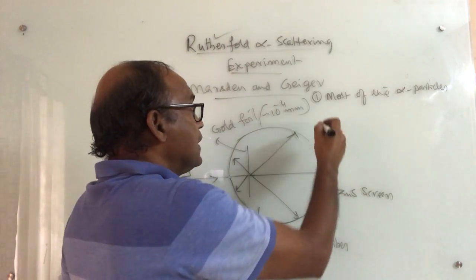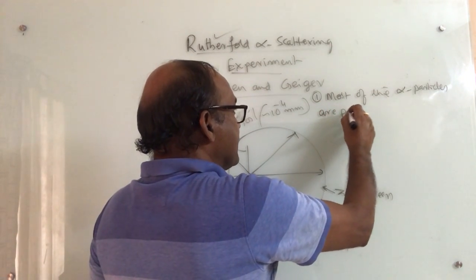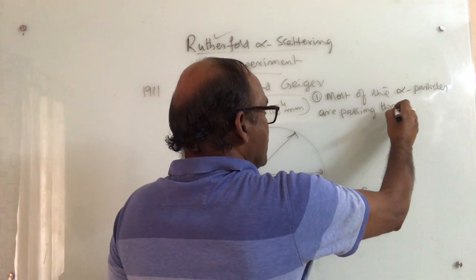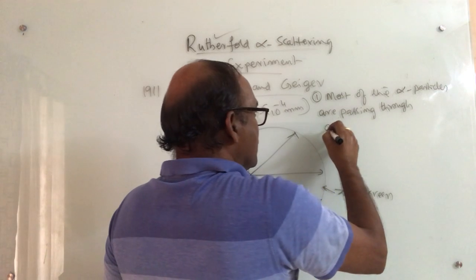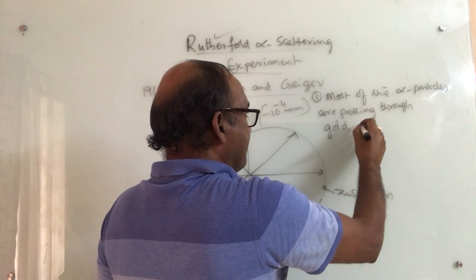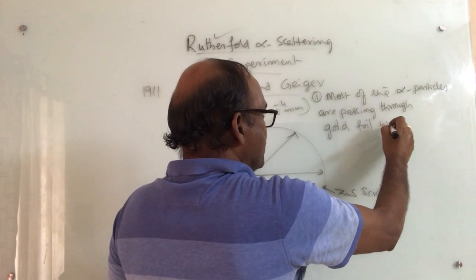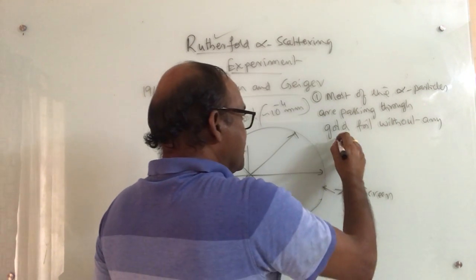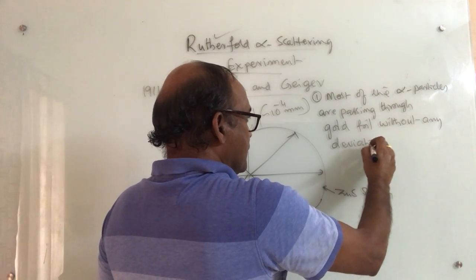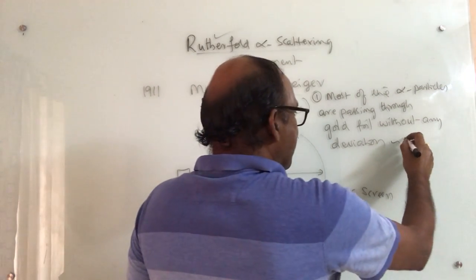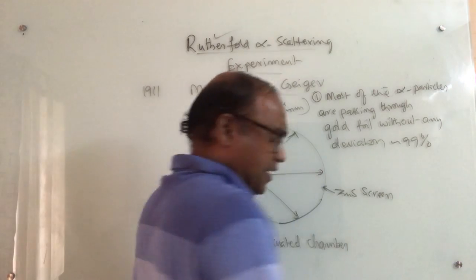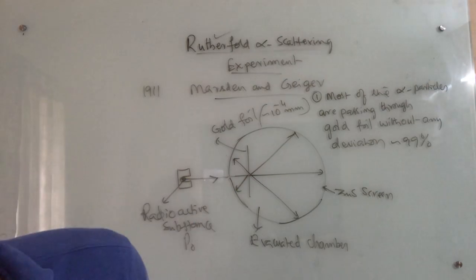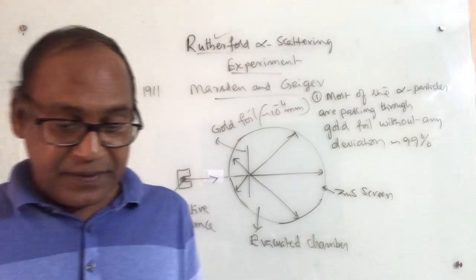Most of the alpha particles are passing through the gold foil without any deviation, which is nearly 99%. 99% of the alpha particles are passing without any deviation of their original path.